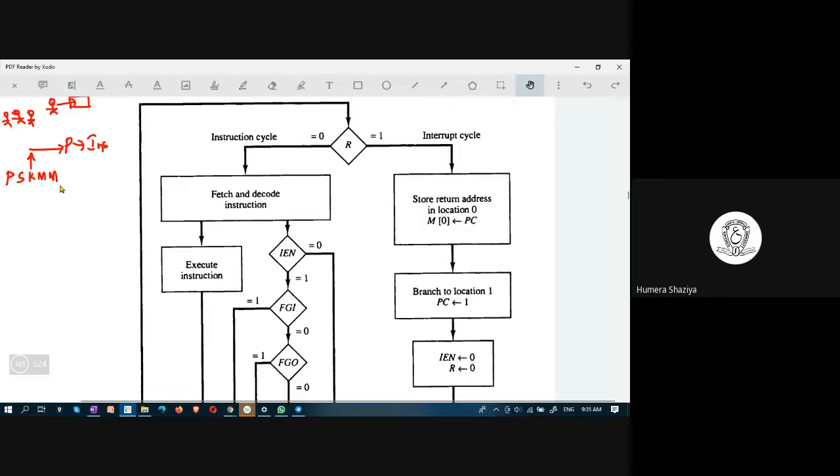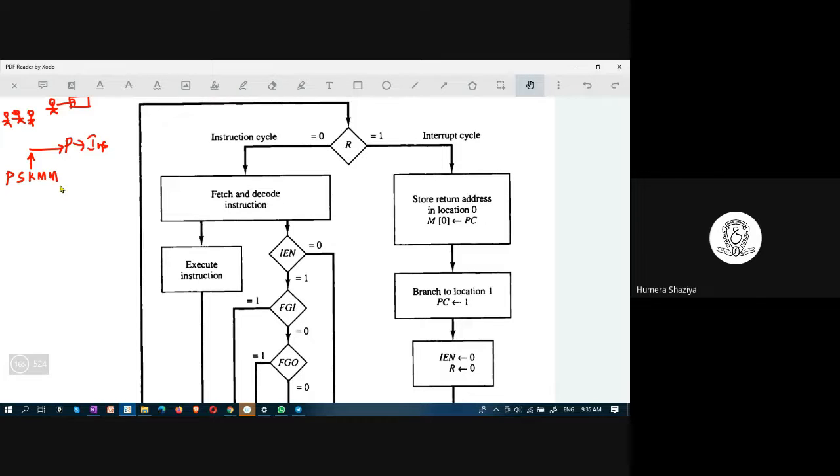What are the phases in an instruction cycle? Can anyone tell me? Fetching and decoding, execution. Very good. It's fetch, decode. In case the address is indirect, the third step is read effective address, and the fourth one is execution.